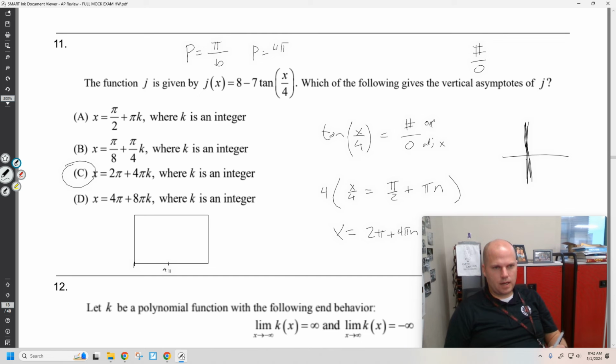Halfway in between is 2 pi. We don't go all the way across to get to 4 pi. We would have 8 pi here. This would be 6 pi. Tangent of 0 is 0. I am vertically reflecting it, but you can see here is an asymptote. And then here is a 0. And here is our next asymptote. So 2 pi plus 4 pi.